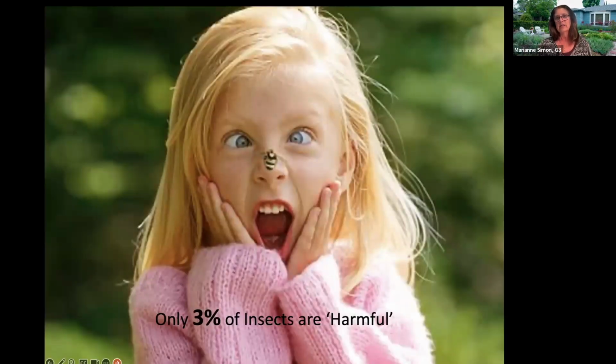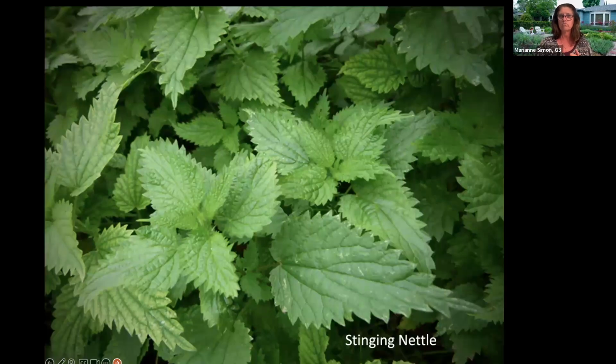But here's the thing that is so interesting, is when we look at insects, and we're not looking at mammals at this point, but just insects, only 3% of them are actually harmful. When we look at a plant such as a stinging nettle, which you might consider a weed, yet they can be fried up and served for dinner.